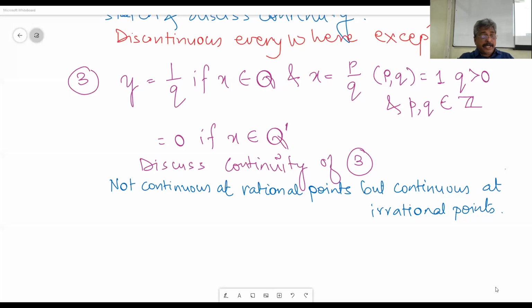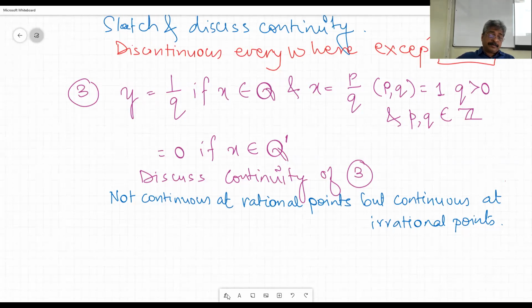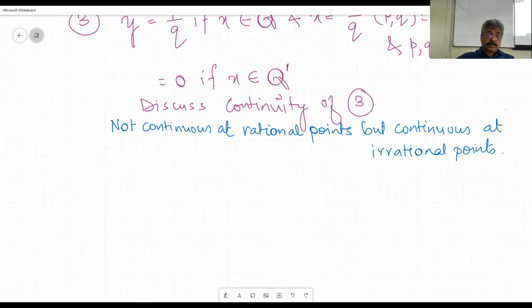Okay, Sahil is saying, let c be irrational, because we are supposed to prove that it is continuous at irrational points. Let c belong to the irrational numbers.